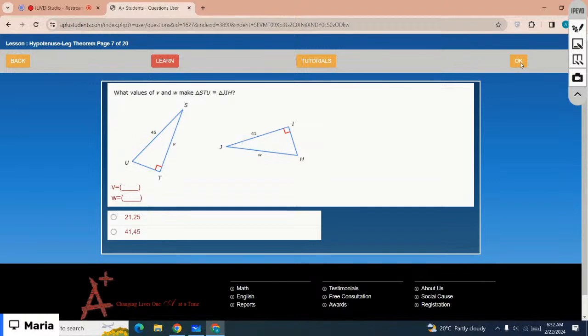What value of V and W make triangle STU and triangle JIH congruent? So which is the correct option?